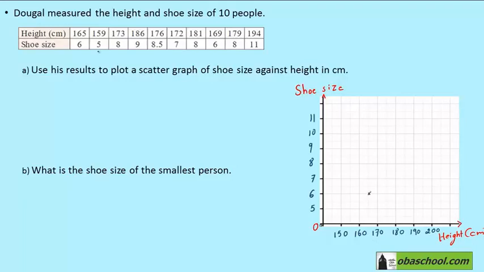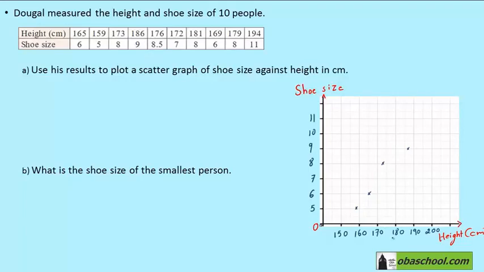Now we're going to have to plot the points. For the first person, the height was 165 and the shoe size was 6. The second one had 159 and a shoe size of 5. The third had a height of 173 and a shoe size of 8. The fourth had a height of 186 and a shoe size of 9.